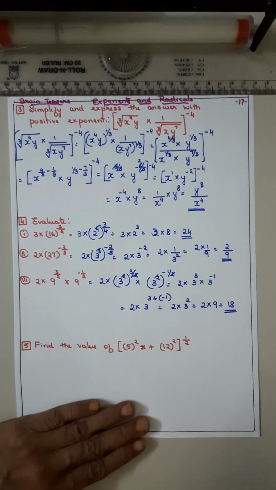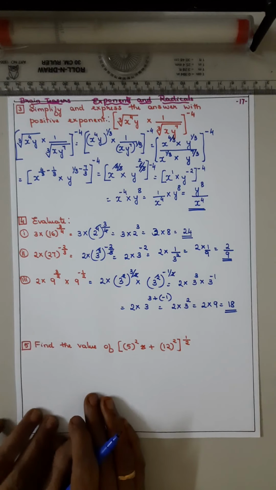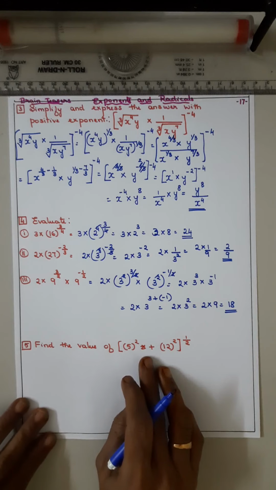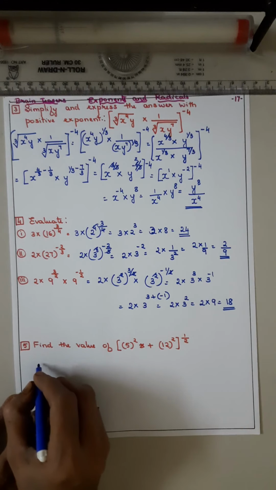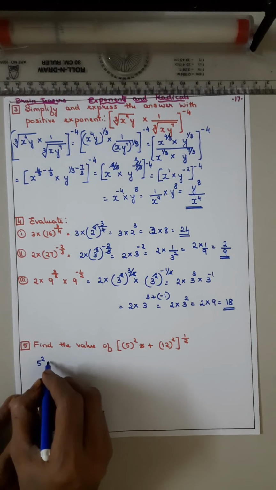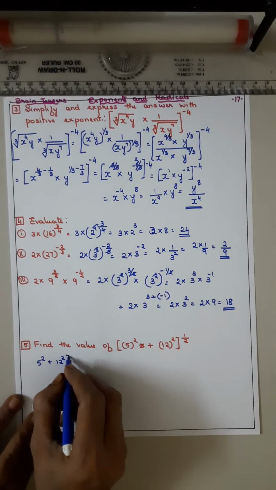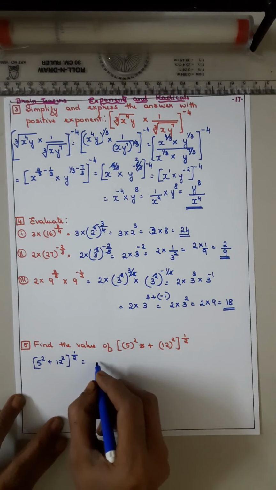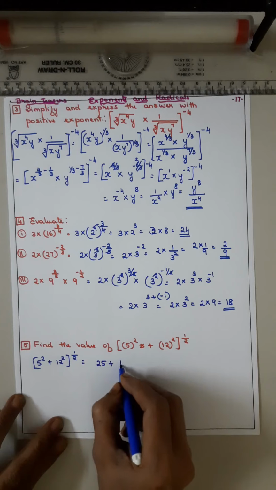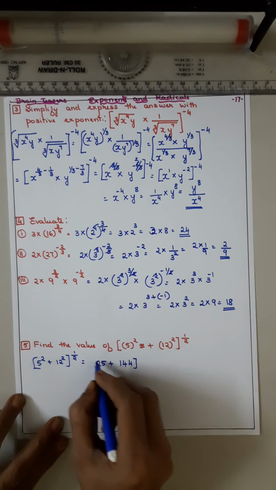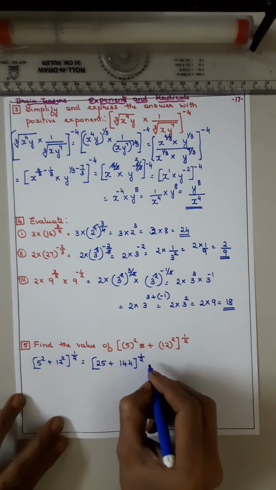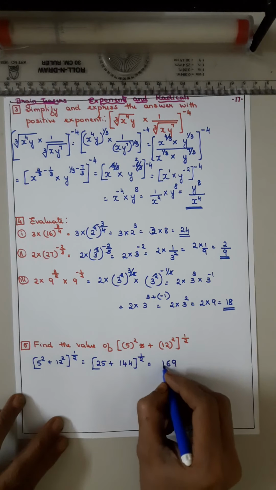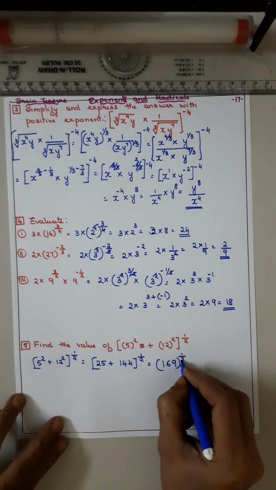Okay. Now coming to fifth sum. Find the value of. So here in between plus sign is there. So you have to find out 5 square plus 12 square the whole raised to 1 by 2. Means 5 squared is 25, 12 squared is 144, raised to 1 by 2. 5 plus 4, 9. 2 plus 4, 6. 1, raised to 1 by 2.